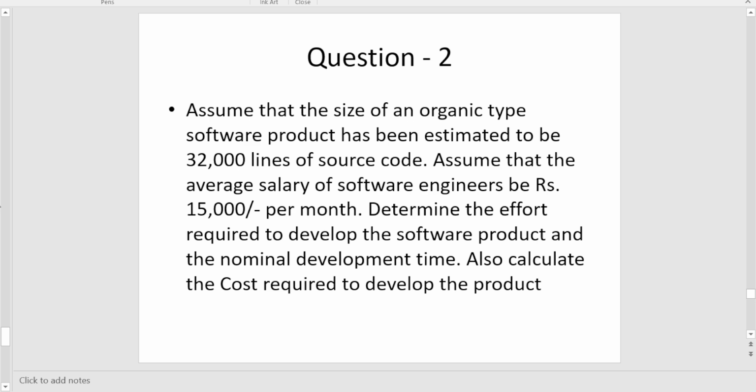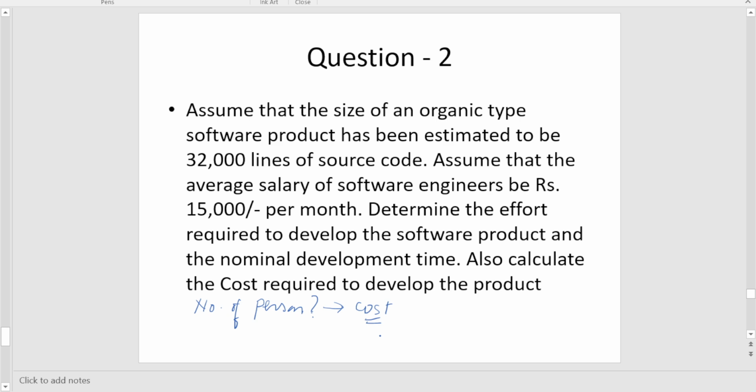I also add here: find out the number of persons required, and then calculate the cost. I changed this question.